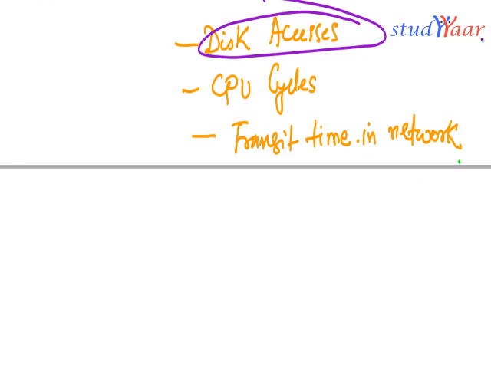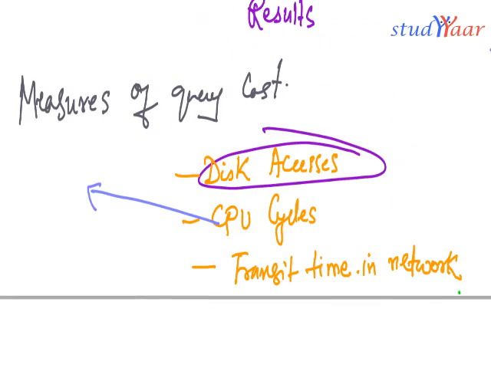Why? Because CPU cost is, first of all, difficult to calculate, and secondly, the CPU speed is normally increasing at a much faster pace than the disk speed.